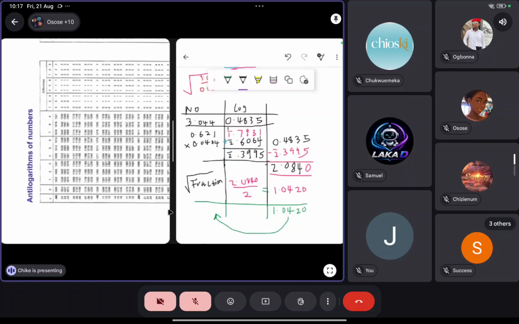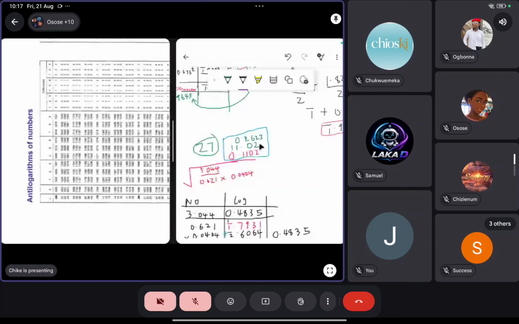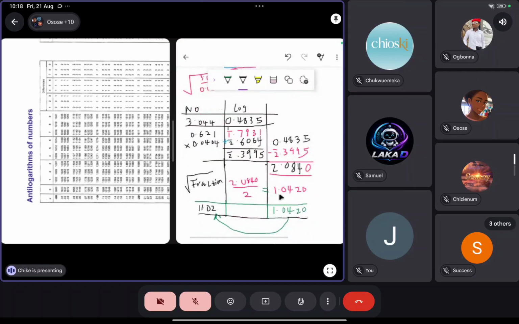Then no difference. So that's 1102. But having 1 here shows that there are 2 numbers in the characteristic. So that means 11.02 is correct. Who got 0.11? That means you were close. Something must have happened to your characteristic. Somehow you got it wrong by 1 here.